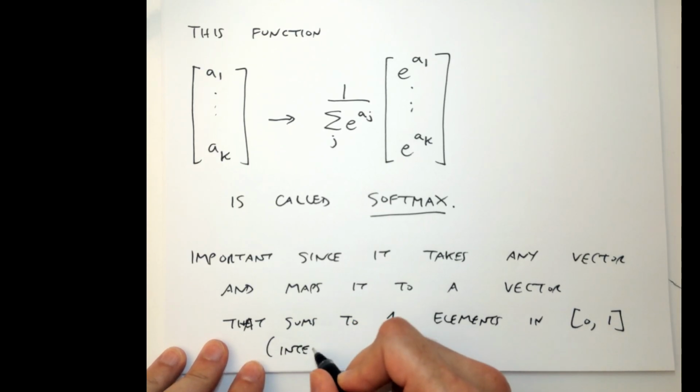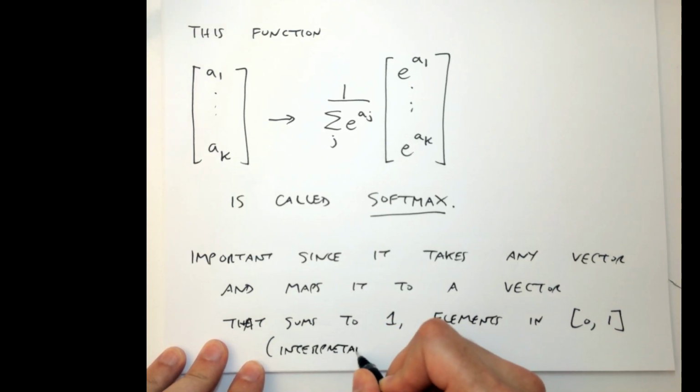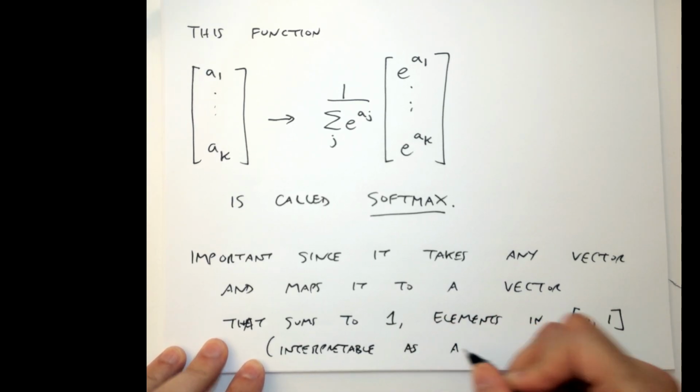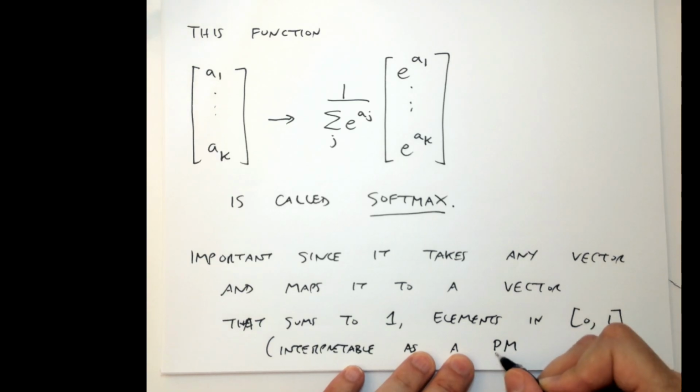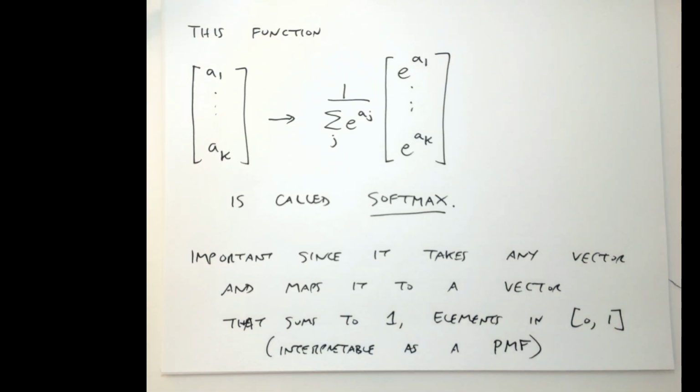And the idea is that we can interpret this as a probability mass function, right? As a probability vector.